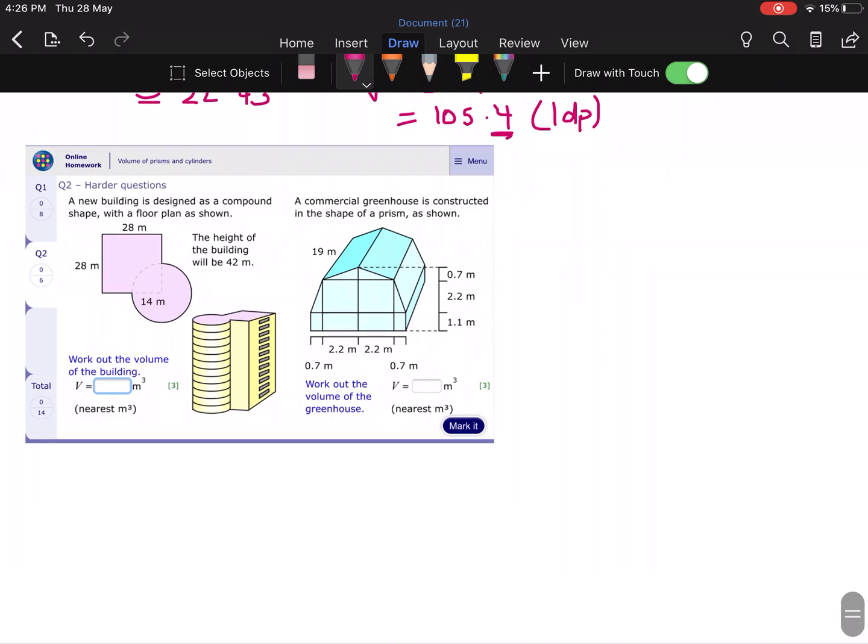Right, on to question 2, which is where a lot of you are losing marks, stopping you getting the green face. It says a new building is designed as a compound shape. Compound means that it's two shapes joined together, which you can see is a circle and a square, and it's related to this building.